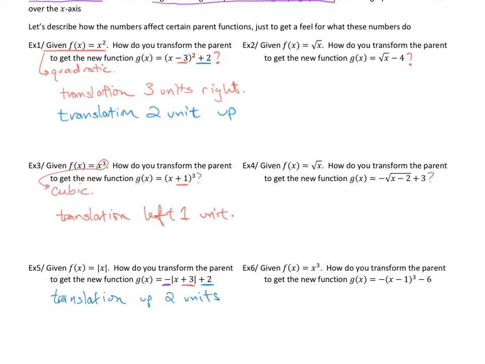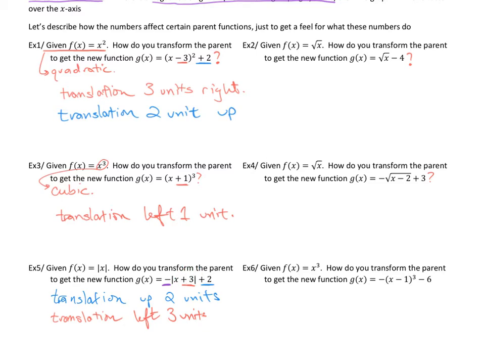Also, we have this +3. That is a translation. What do you say? Left 3 units. And that is because this 3 is positive and it's inside a set of absolute values. It's paired up with x in there, so it's going to do the opposite.